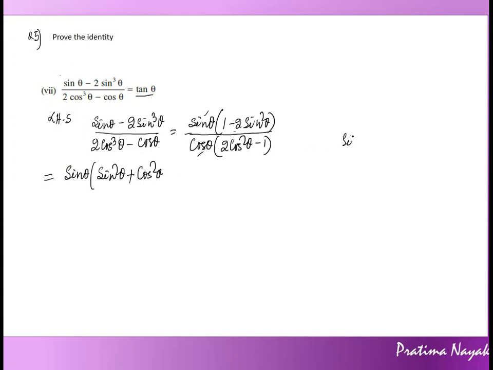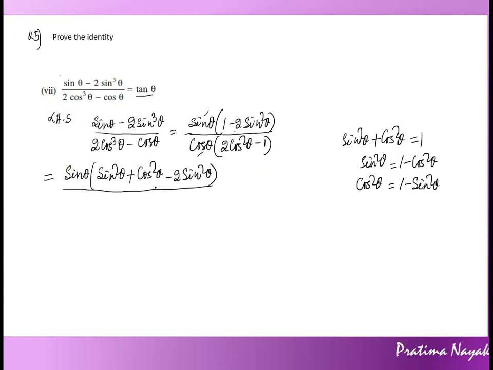Sin square theta plus cos square theta is equal to 1, so I'll replace 1 by sin square theta plus cos square theta. Or you can change sin square theta, we can change cos square theta. By any means you can convert the numerator to denominator. There is no fixed way that I am doing. You can do by any method. To 2 sin square theta.